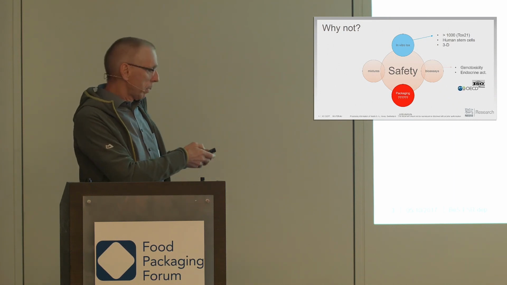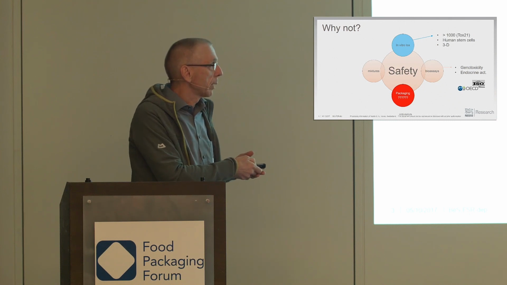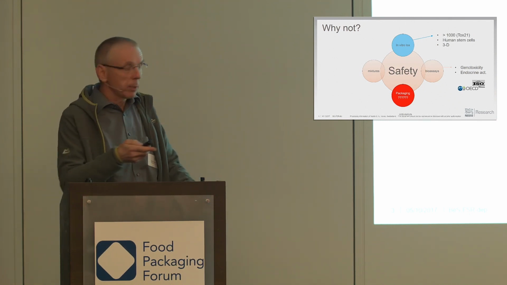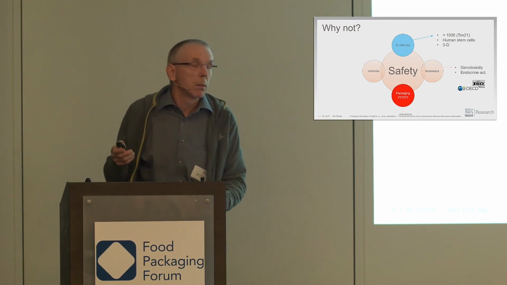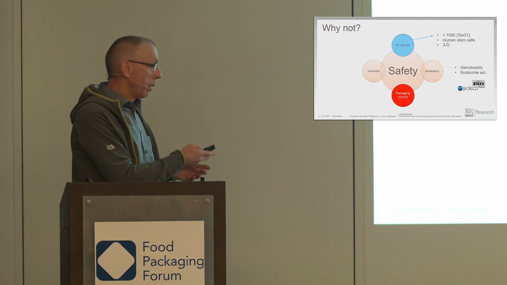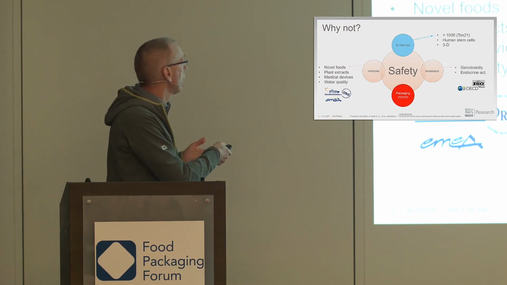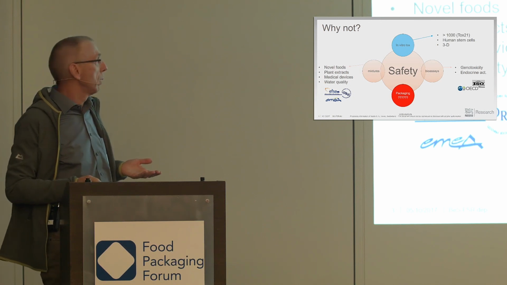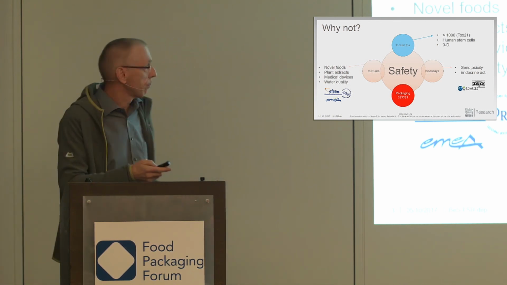Some of these tools have been used for a long time in risk assessment, like genotoxicity testing, and there are official guidelines for that. In general, these tests have been designed for pure chemicals, but they are still quite a lot used, and actually recommended or requested, for complex mixtures, like novel food, plant extracts or medical devices. So why not use them for packaging material?